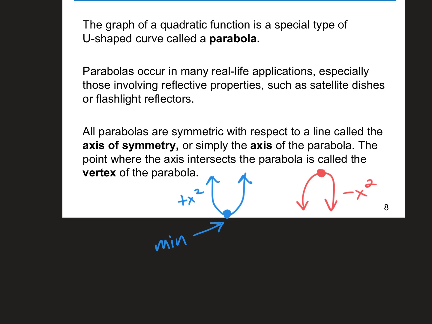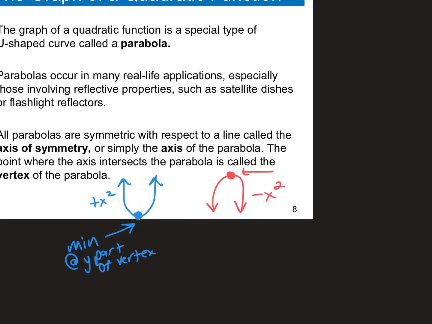And the way that you would state that, it's the minimum at the y part of the vertex. So what is this one right here? Maximum. Good. And how do you read that? The y part of the vertex. Because think about this, guys. If you're talking about minimum and maximum, high and low, what axis is that on? The x or the y? The y. Okay, good.